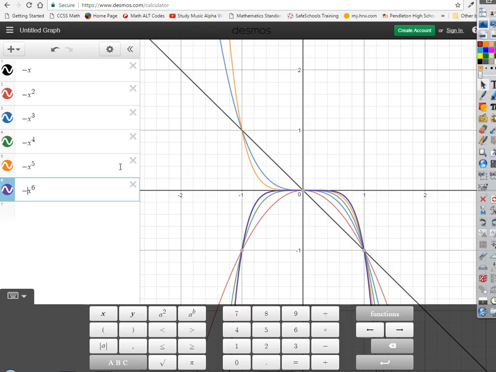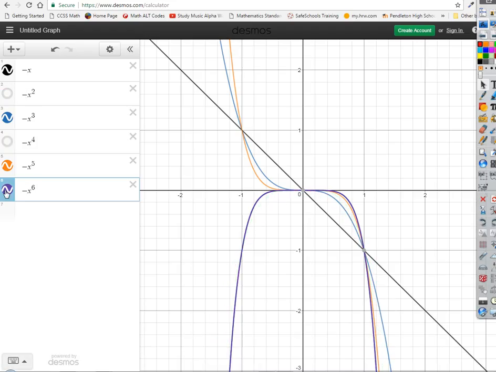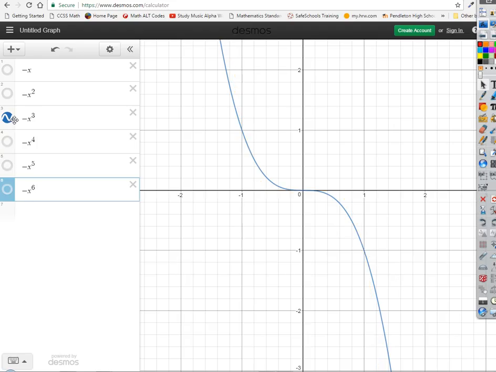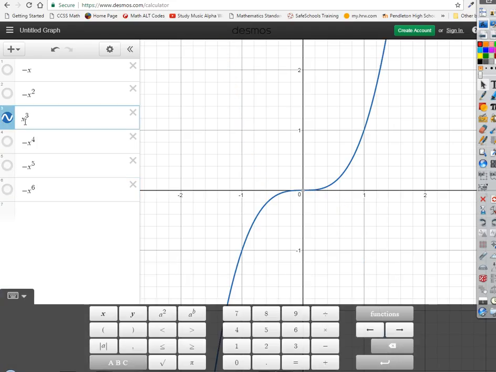So what's that going to do to the end behaviors? Let's look at the odd functions for a second. Maybe let's just focus on one of them, because they all do essentially the same thing. There's x cubed, and there's negative x cubed. What did it do? It just flips them, doesn't it?